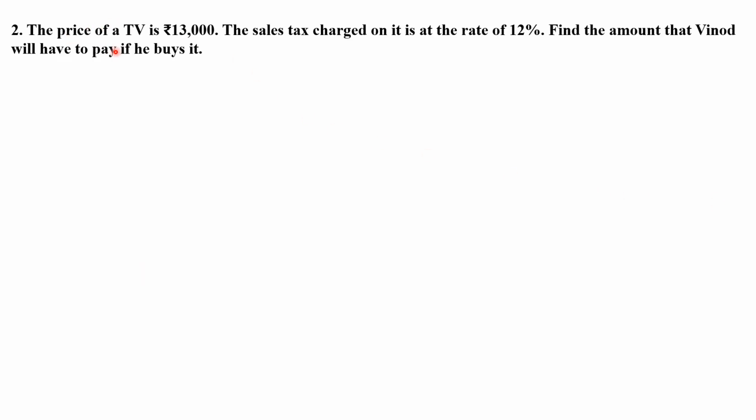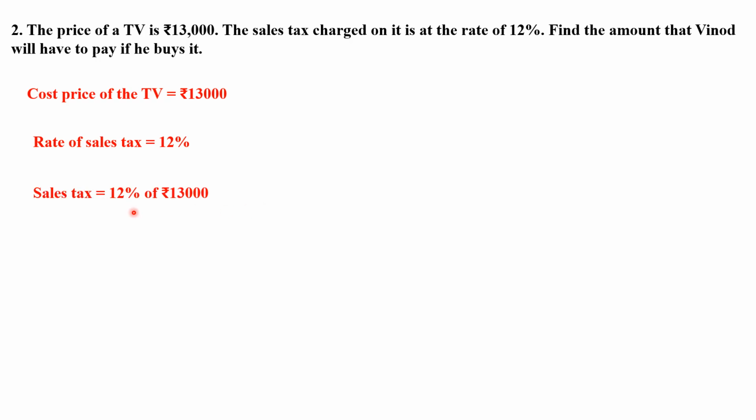Now question number 2. The price of a TV is 13,000 rupees. The sales tax charged on it is at the rate of 12%. Find the amount that Vinod will have to pay if he buys it. Okay. So this is the actual cost of the TV it is given, and on this cost 12% tax is charged. So you have to find the final amount which he is going to pay if he wants to buy it, right? So from here we can write cost price of the TV is 13,000 rupees. Sales tax is 12%.